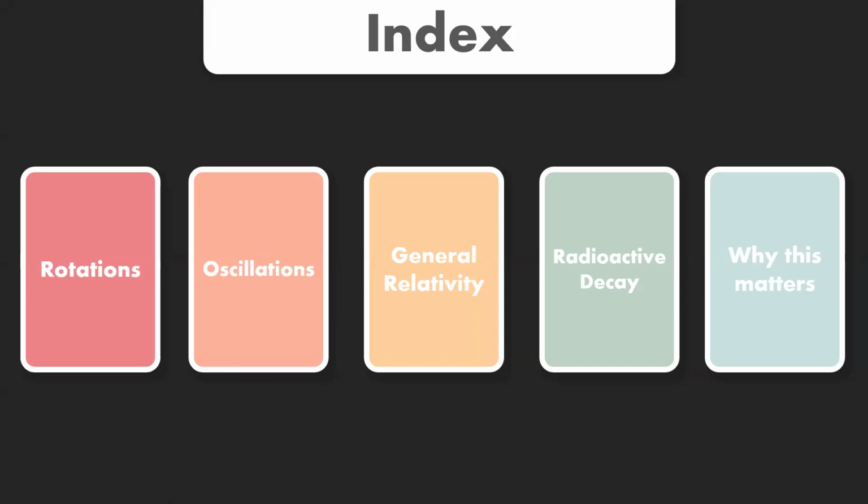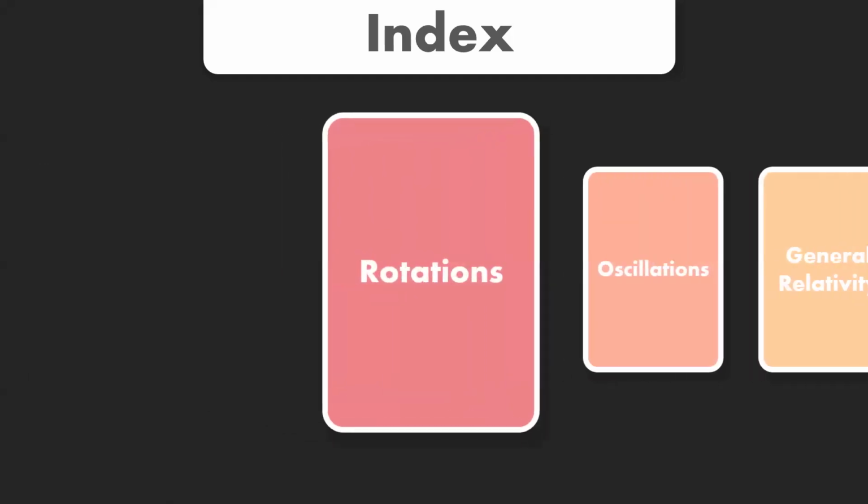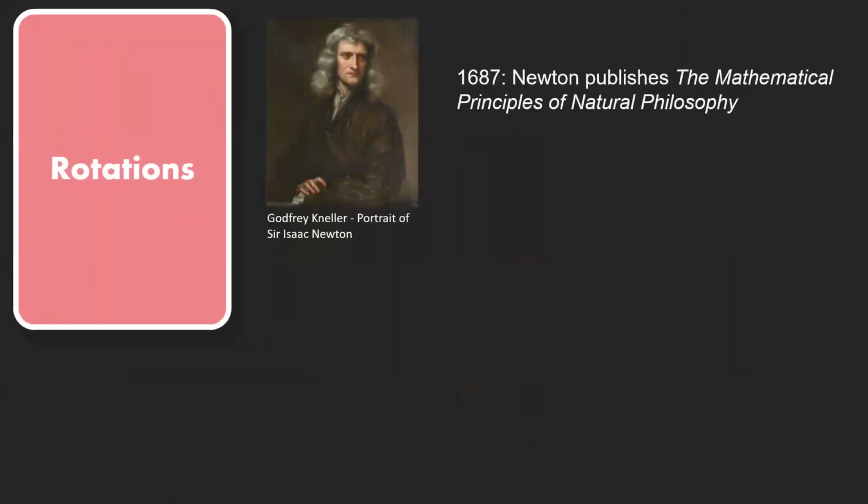So we'll start with rotations, and everything starts in 1687 when Newton publishes his most famous work. It contains all of his motion laws and the universal gravitation law. I hope all of you know what that is.